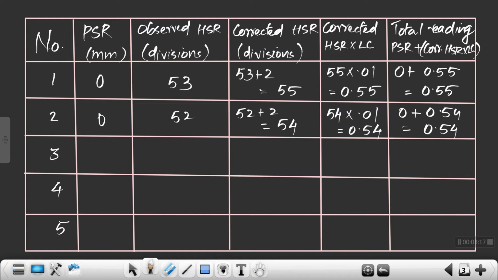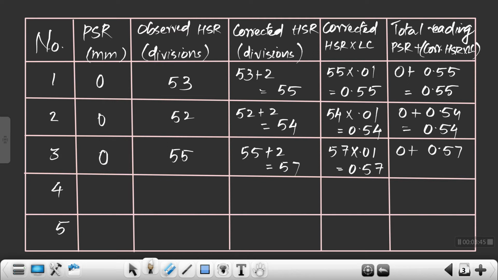Likewise, we have to find the other 3 trials also. The PSR reading was 0, HSR reading was 55. So corrected HSR is 55 plus 2 is equal to 57, and corrected HSR into LC, that is equal to 0.57, and total reading PSR plus corrected HSR into LC, that is 0.57 itself.